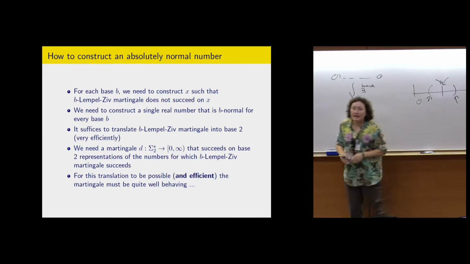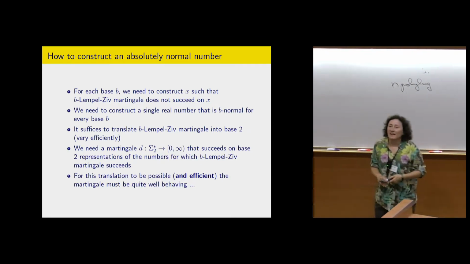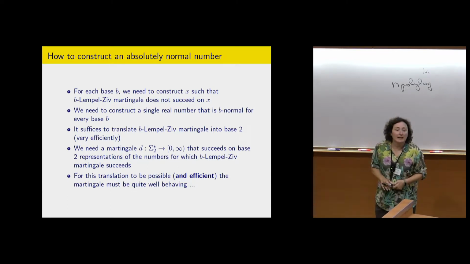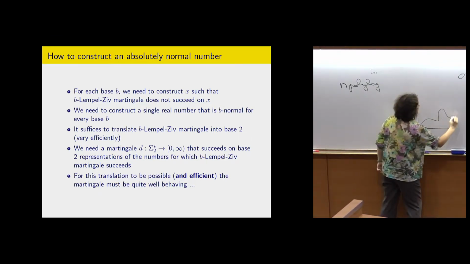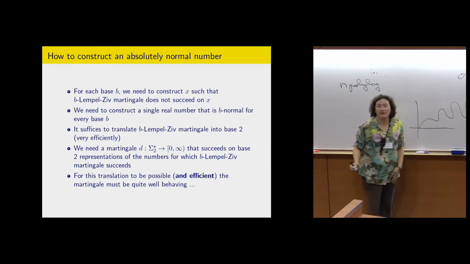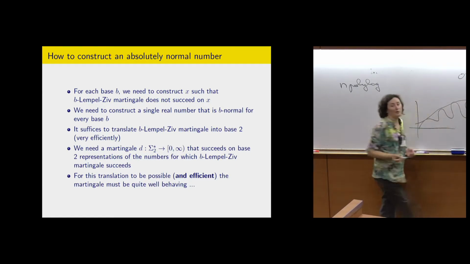For instance, martingales. Since we are talking about limsup succeeding, the way a martingale behaves may be quite erratic, but you are succeeding if your limsup goes to infinity.